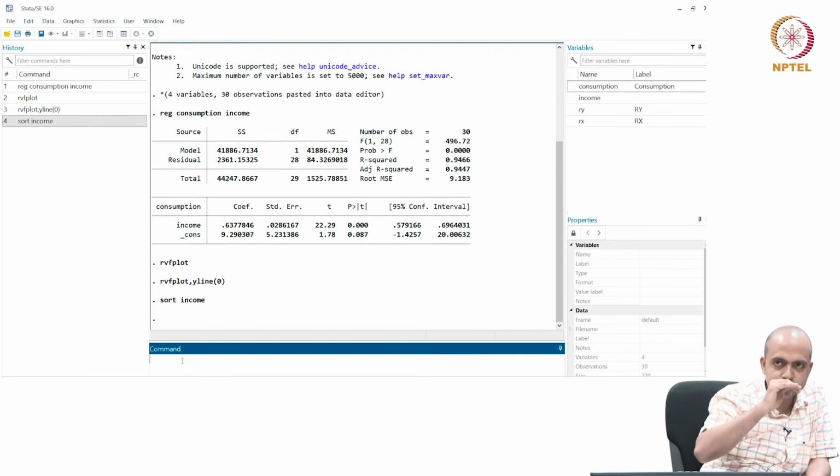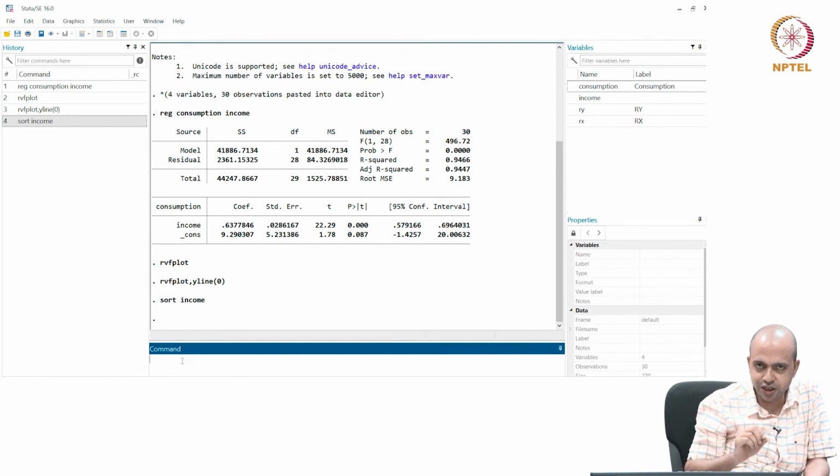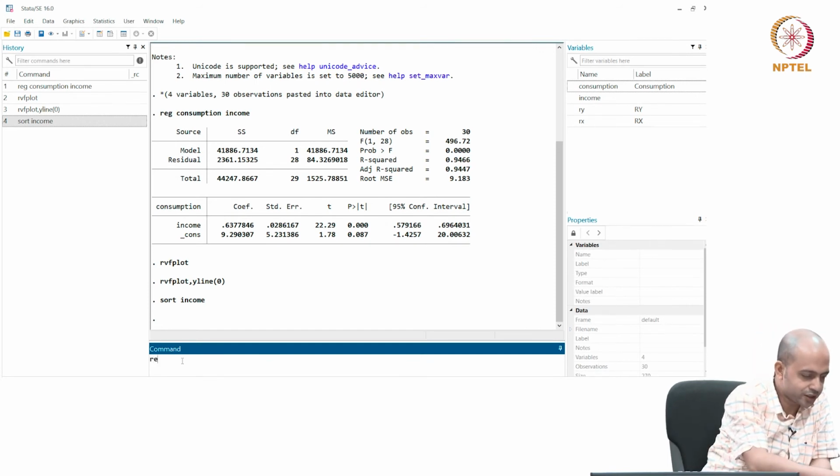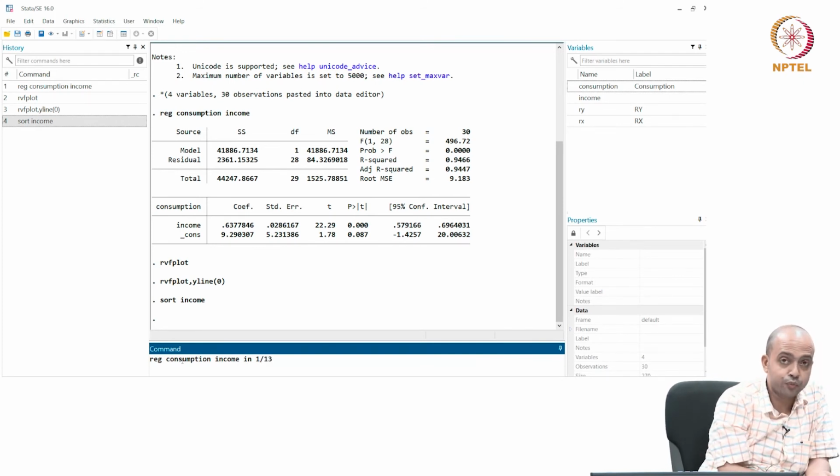The total number of observations is 30, and I remove the 4 central observations, so the first sample consists of 13 observations and the second sample consists of 13 observations. So, first I have to run the regression reg consumption income for the first 13 observations, and if you recall, how will you put that command?